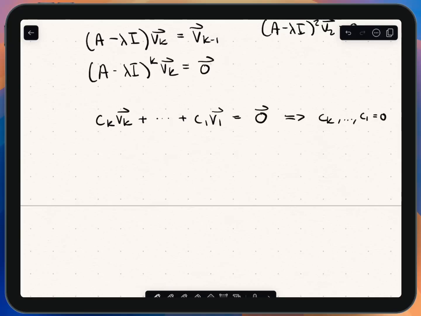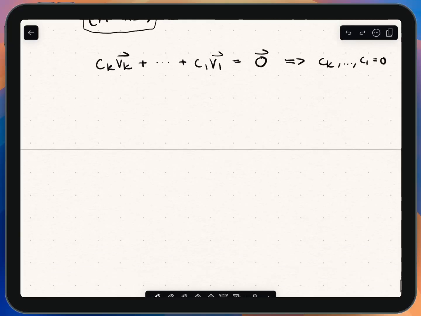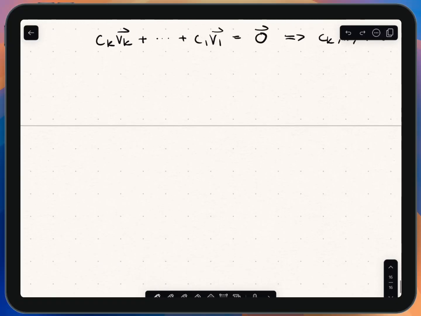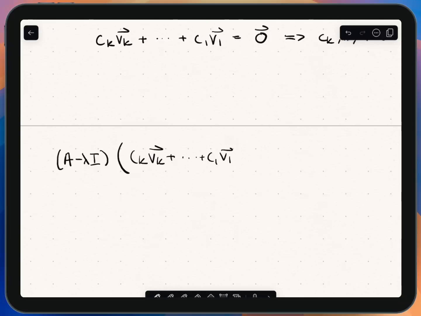And to do so, what we can use is this fact that we can multiply by this A minus lambda I to decrease the powers of K. So for example, if I multiply once, so if I do A minus lambda I, and just multiply it by the CK VK plus all the way to C1 V1, what is this going to get us?